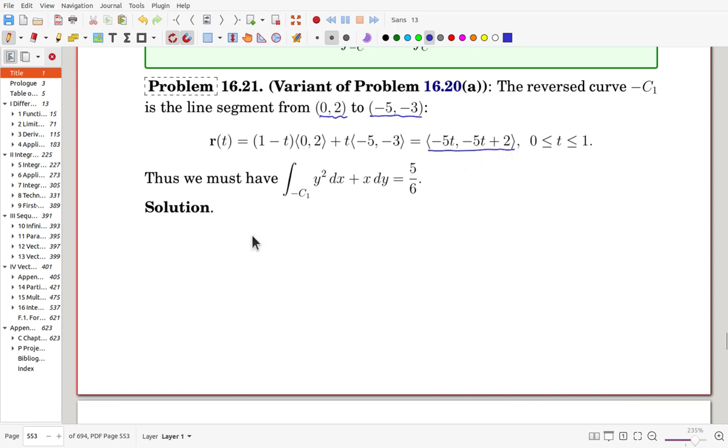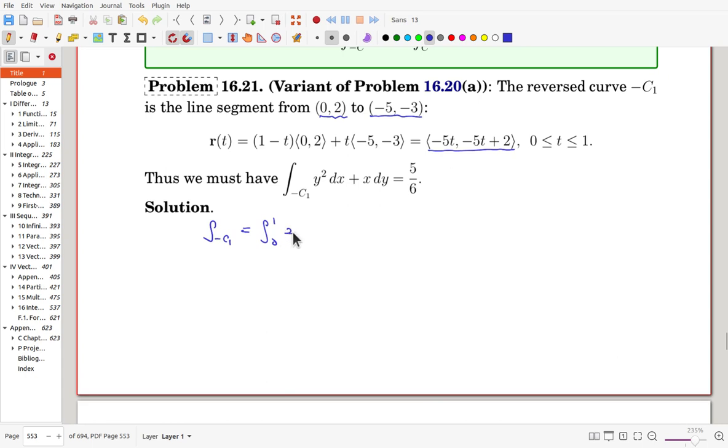So let's try to get the integral for this reverse curve. Okay, so here the integral over minus c1, and t is moving from 0 to 1, right? And y squared, there's y.